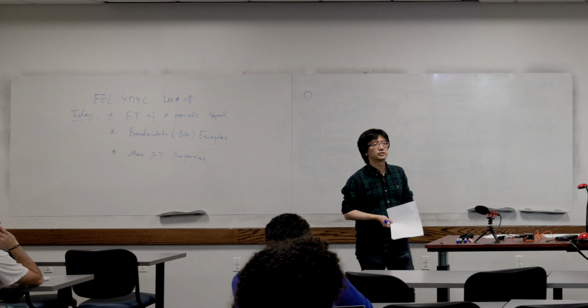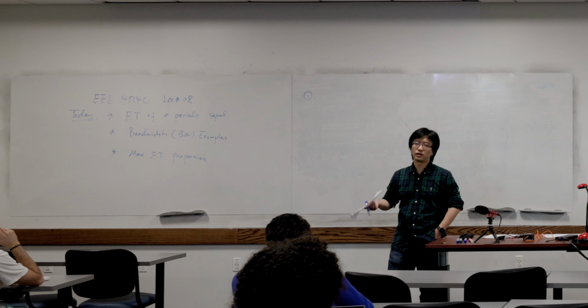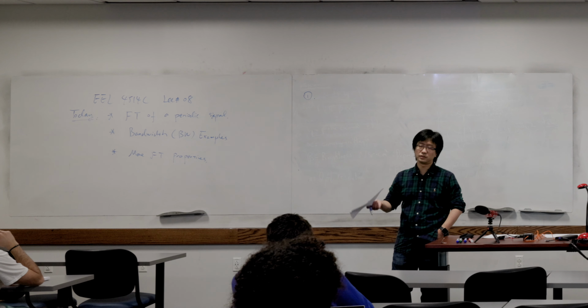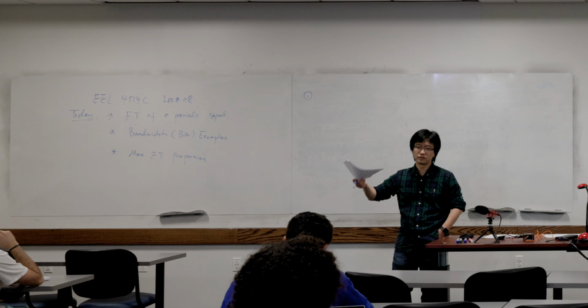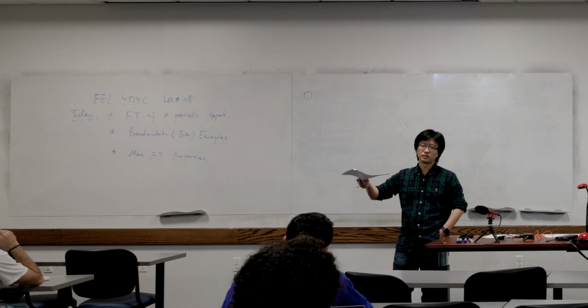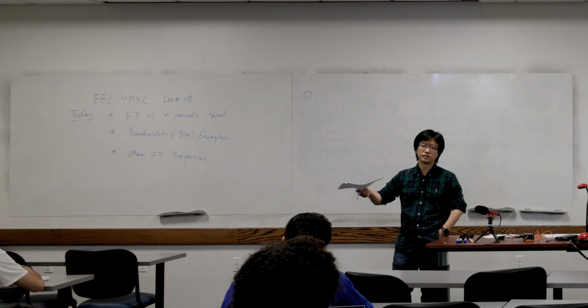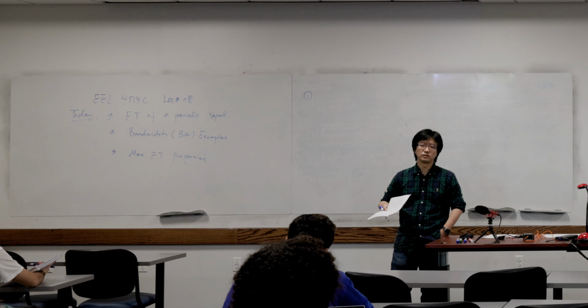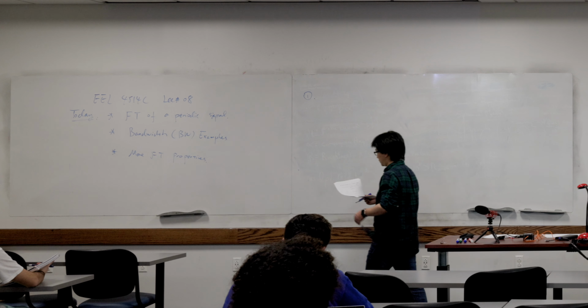Just use the definition, right? But since it's a periodic signal, if we do the integral of a periodic signal, we basically get nowhere. So it means that we may need to do something different. Let's see how we can do this.